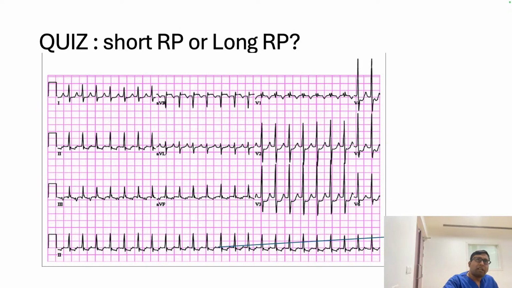The second part is regarding short RP versus long RP, how to classify. What he has told is that 70 milliseconds is the definition we use. If the septal VA, meaning from the surface V to the His A, is less than 70, sometimes 60 is also used, it means the activation of atria and ventricle is happening in parallel.